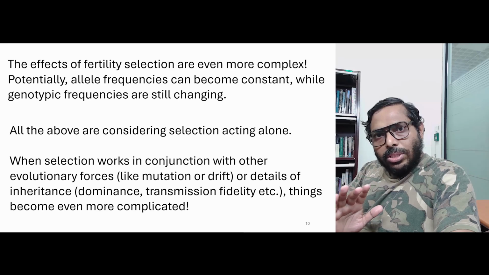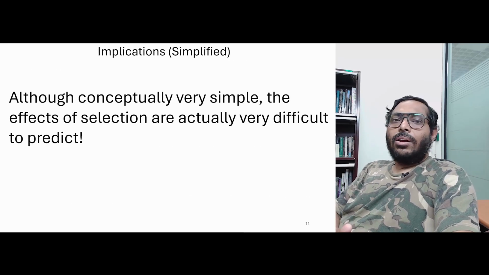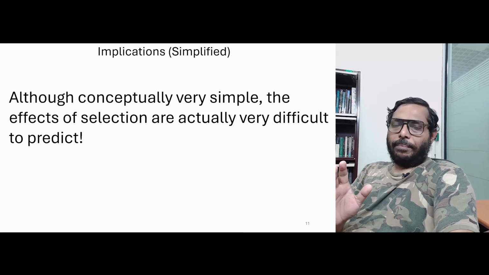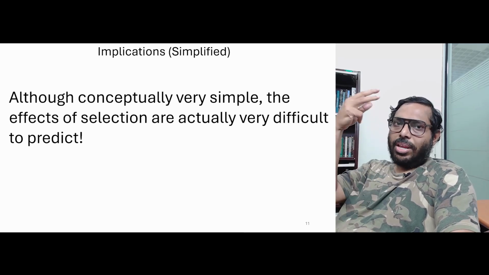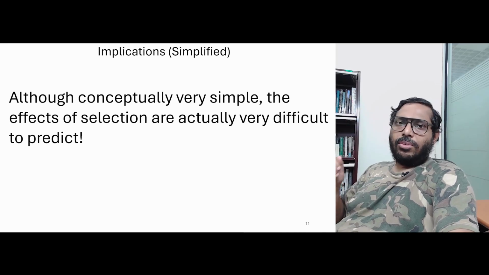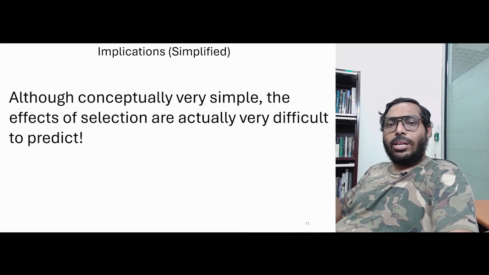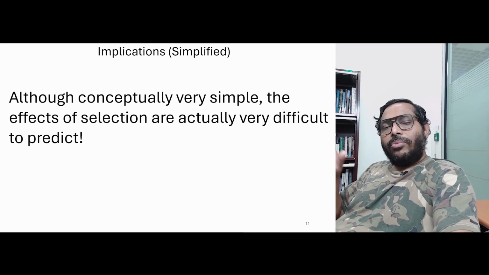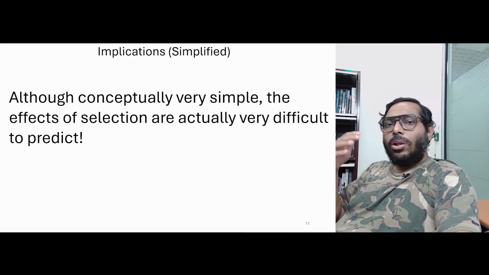So, the simple point that I am trying to make is that although conceptually selection is a very simple thing, with 3 conditions being met, selection will happen. And when selection happens, in most cases, unless you are at an equilibrium or something, frequencies of the trait or frequency of the allele are going to change.